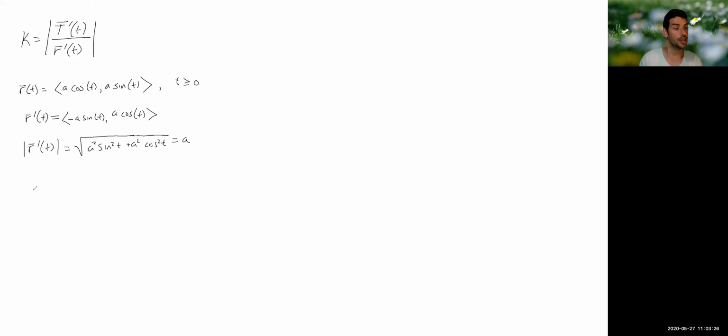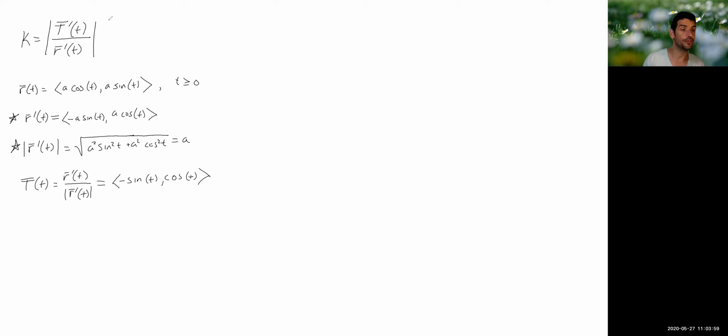Now we want to compute T of t, which remember is r prime of t over the magnitude of r prime of t, the unit tangent vector. So I'm just dividing r prime of t by the magnitude of r prime, which is just a. So it's just going to be dividing a out of these two components. So it looks like (-sin t, cos t). It's easy to see that this is a unit vector.